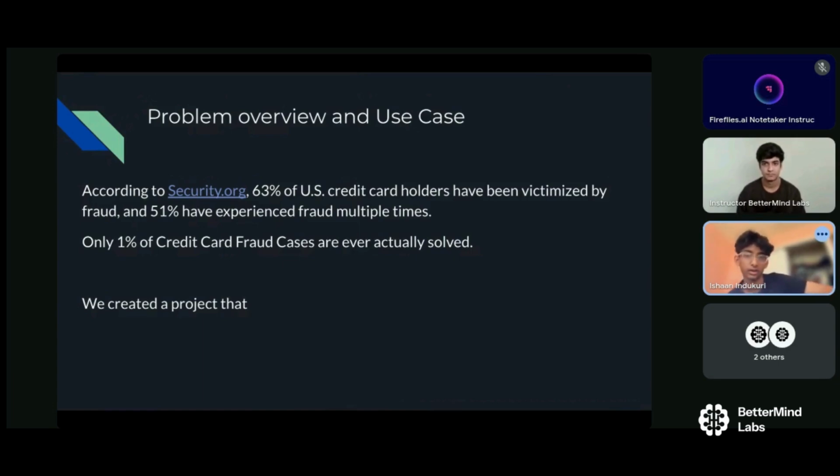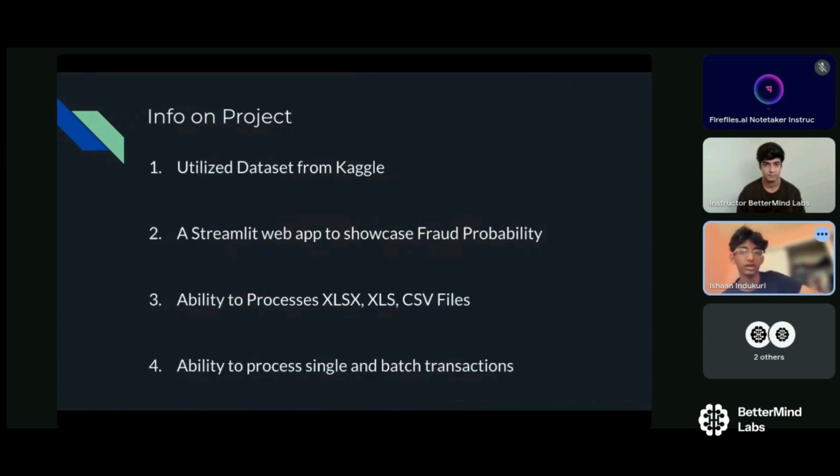So yeah, and some info on this project. We utilize a fraud detection dataset from Kaggle, and this is a Streamlit web application to showcase fraud probability. It has the ability to process XLSX, XLS, and CSV files, and is also able to process a single transaction or a batch of transactions from one of these files.